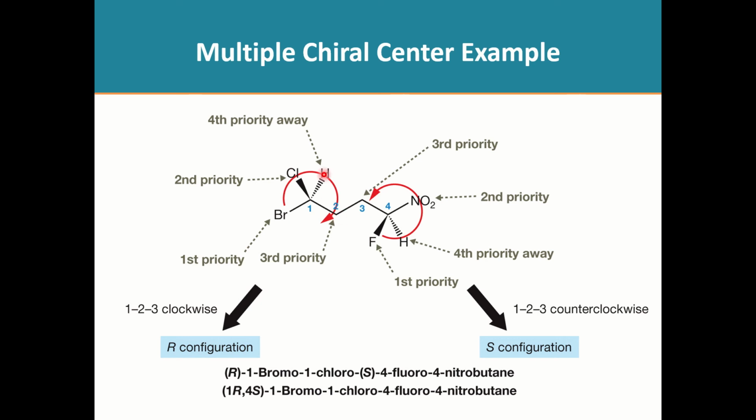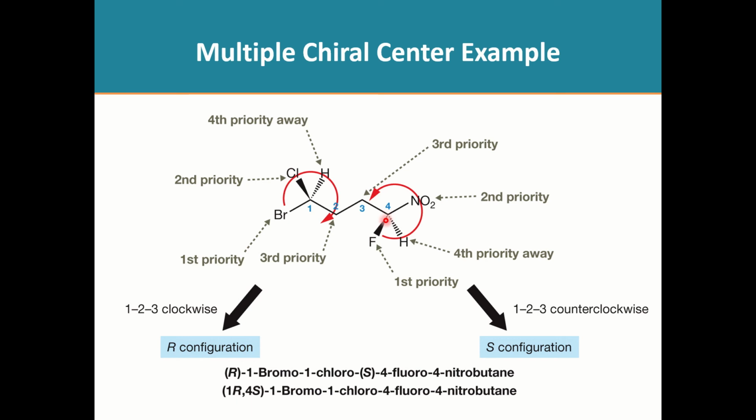And in this particular example, lucky for us, the lowest priority, step 2, says the lowest priority needs to be a dash, and it is. So lucky for us. Step 3, just trace through the priorities. 1, 2, 3, we see we're going in a clockwise direction. Gives us an R. And then you do the exact same process for the second stereocenter.